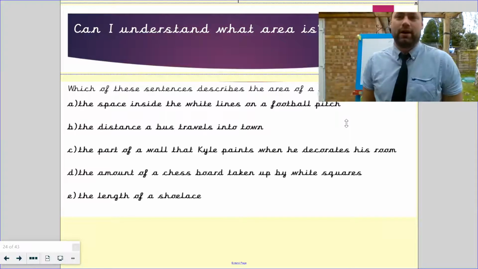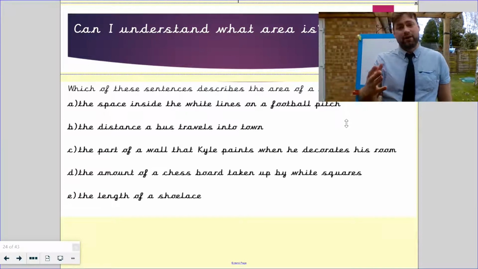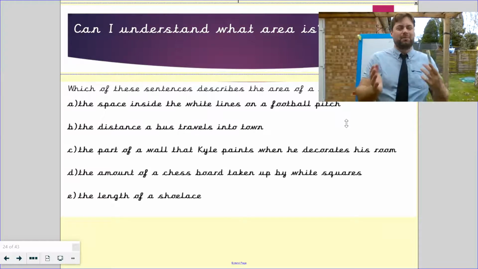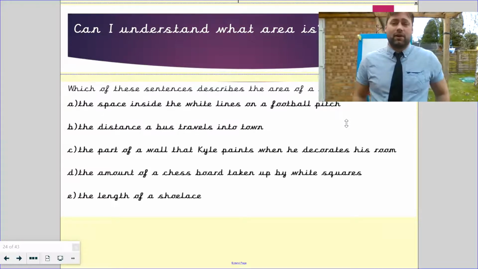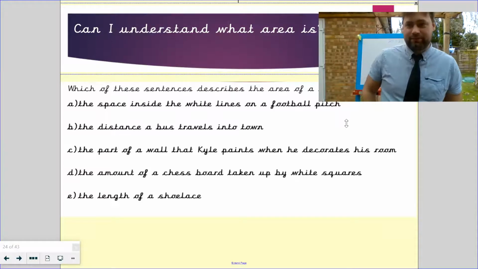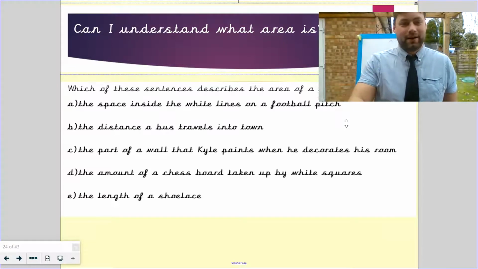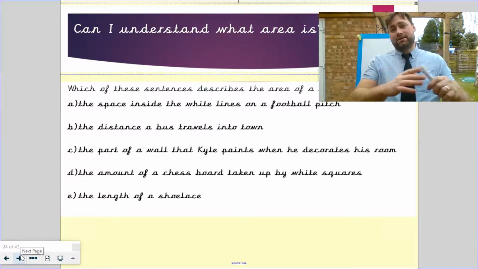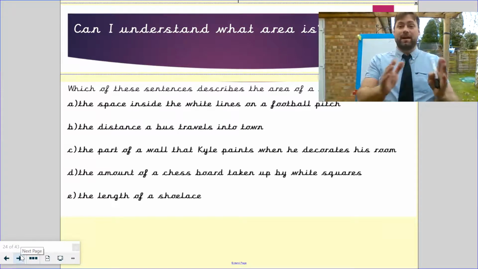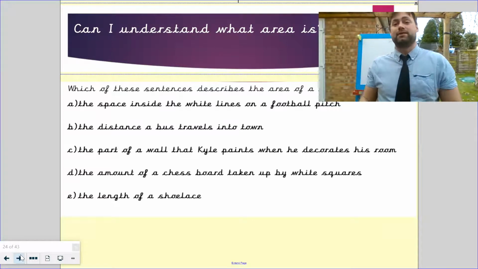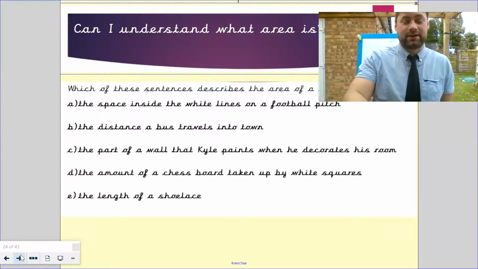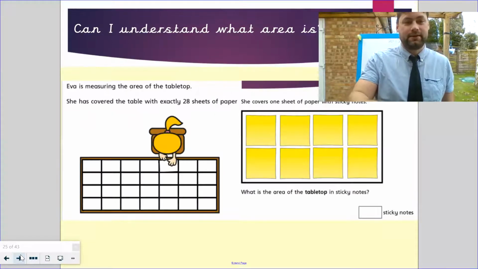With the chessboard one, you could maybe find half the area of the chessboard taken up by the white squares. So you could maybe use area in that sense. So if you did put that one down, you can have that correct as well. It's a tricky one with the chessboard, because to find the total area, you would use the black squares as well, but you could use the white squares and then times your number by 2. So yes, you can find area with the amount of chessboard taken up by white squares.